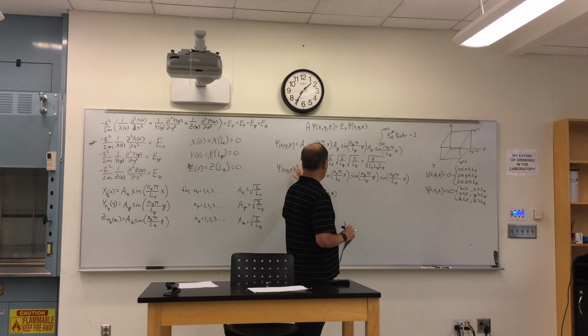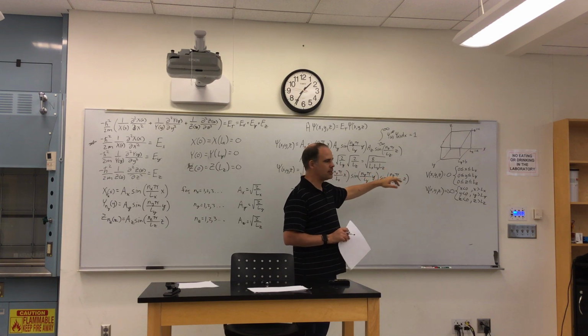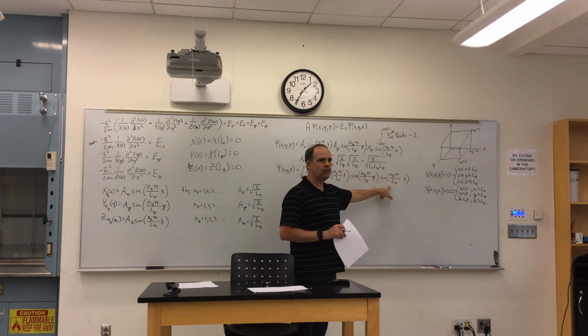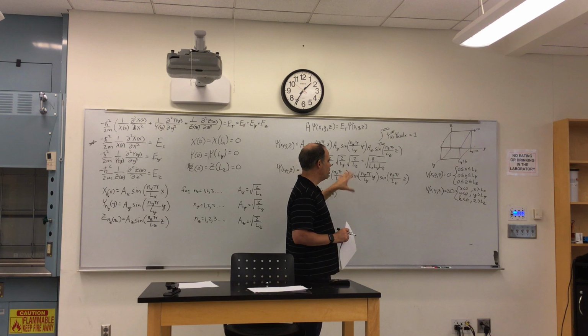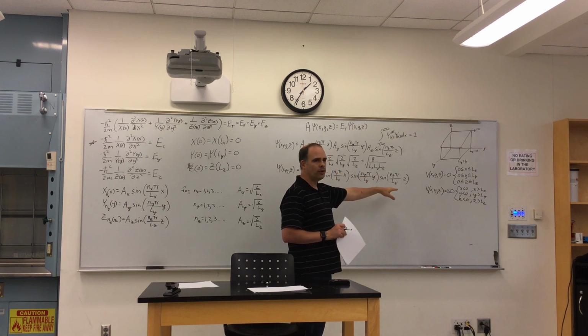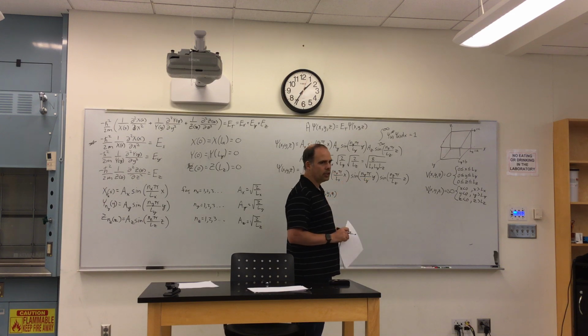While you're taking the derivative with respect to x, the y and z parts are treated as constants. While taking the second derivative with respect to y, the x and z components are treated as constant, and then for z, the x and y are treated as constant.